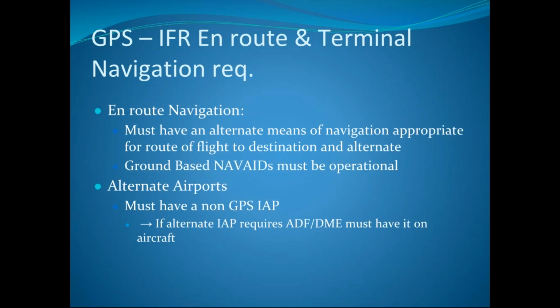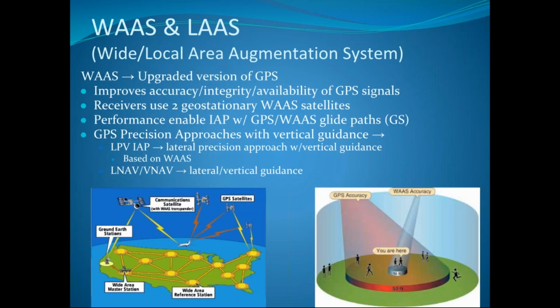And if it does not, then we can't use that airport as an alternate airport. They want us to have redundancy in everything that we do, just like everything government. So they always want redundancy.